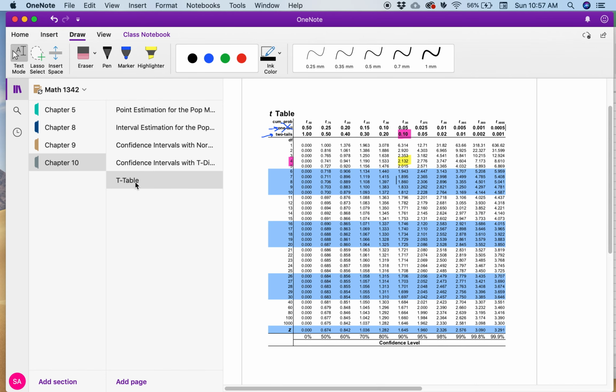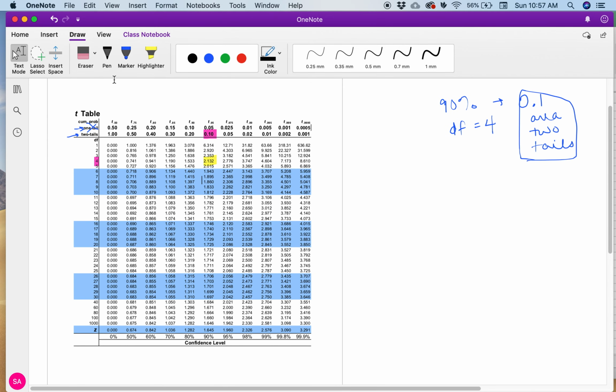So popping over to the t table. Let me erase all this stuff. So once again, you can pick either the area for the one tail or two tails. Just pick the one that you're looking up. You don't want to look up both. I mean, you can, but you'll get the same thing. So we had a two-tail area of 0.1. So that's right here.